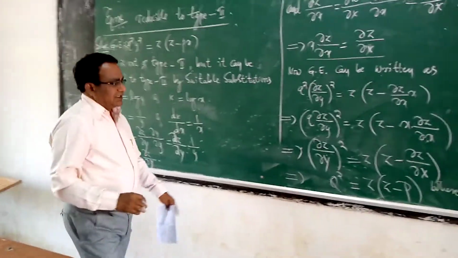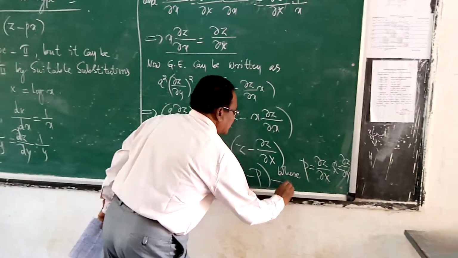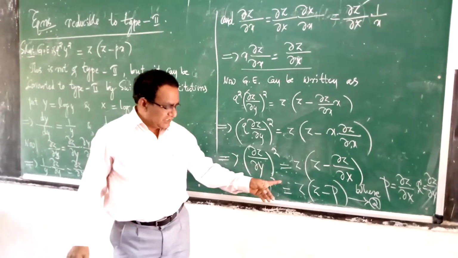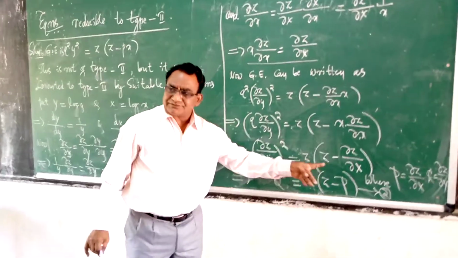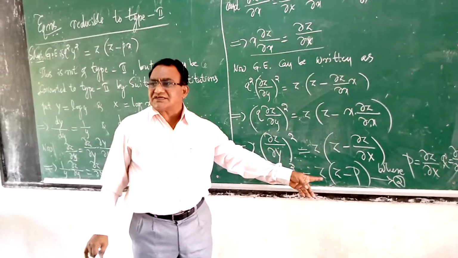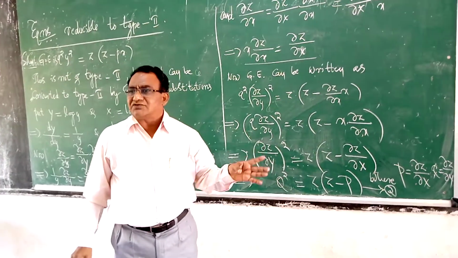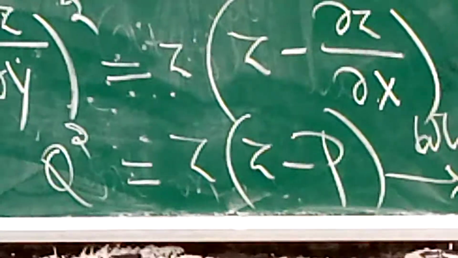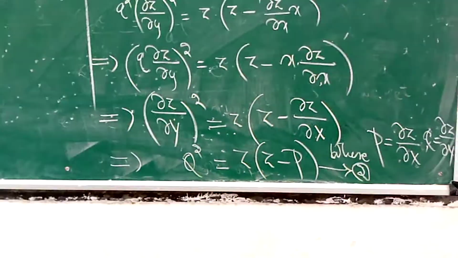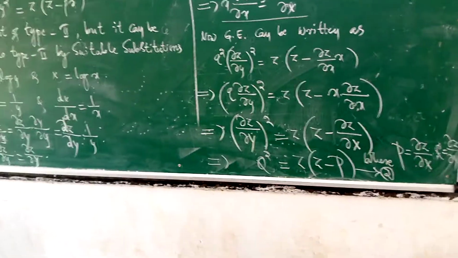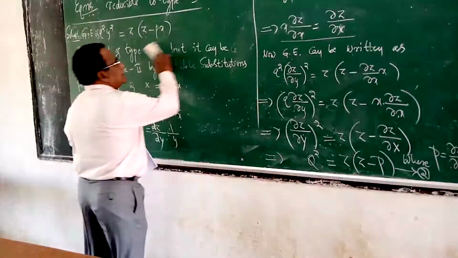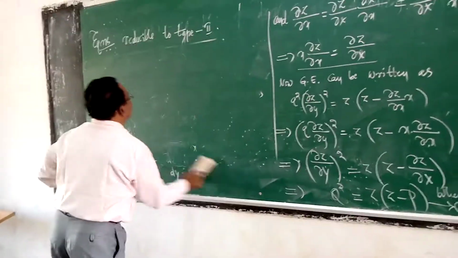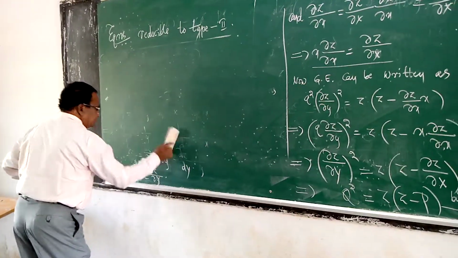Now observe this equation. Call this equation number 2. It contains only capital P, Q and Z; x and y are absent.